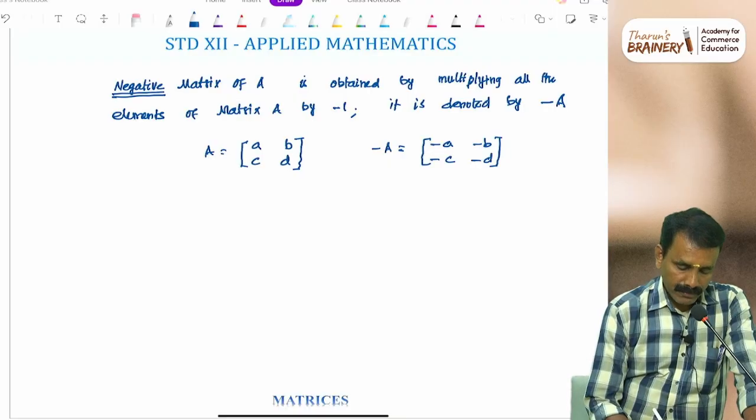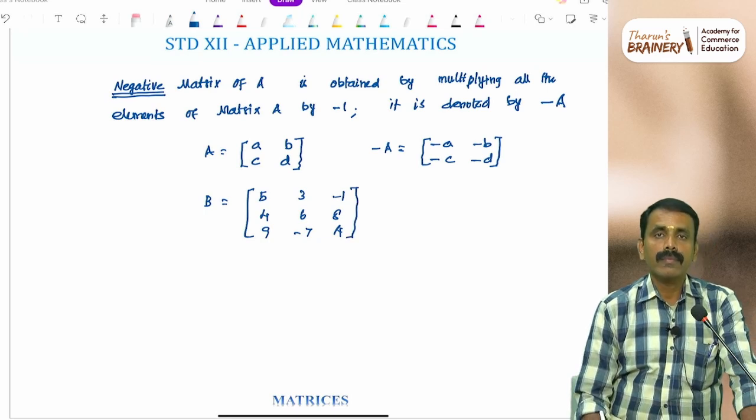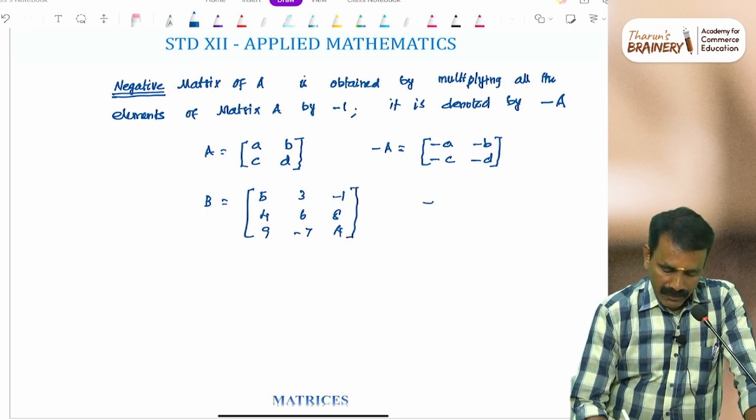If I have a matrix B which is equal to 5, 3, -1, 4, 6, 8, 9, -7, 4, then what is the negative matrix of B? It is denoted by -B.